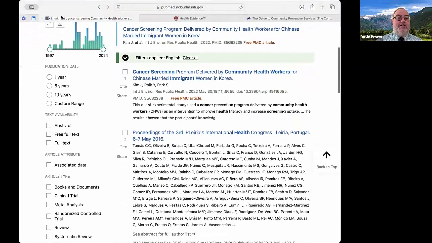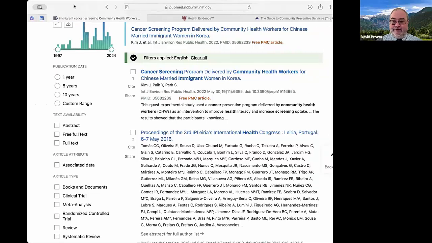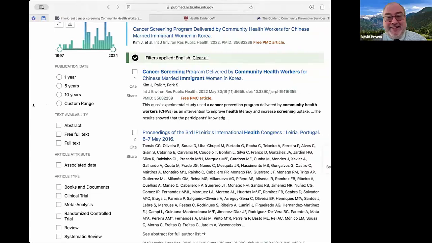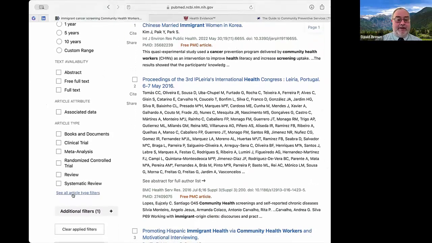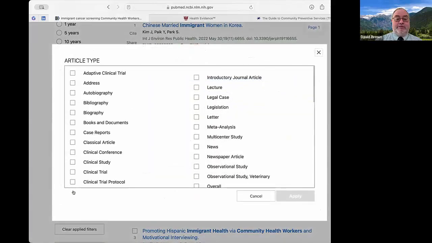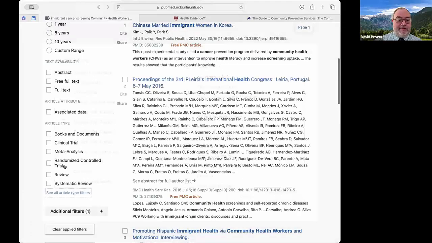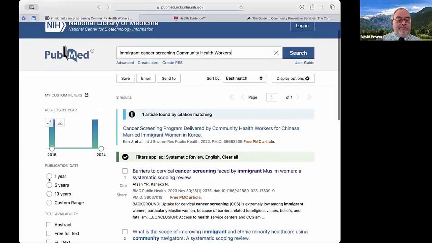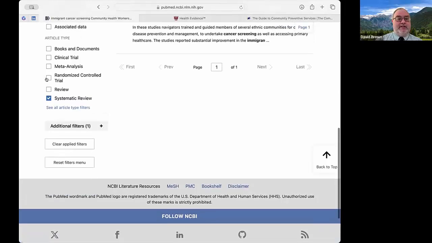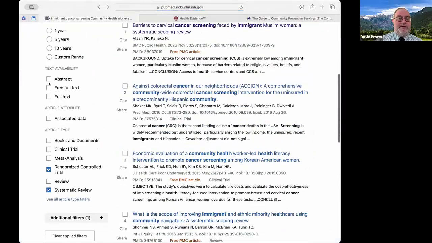Now, again, a lot of times we're going to want to make sure that we have the appropriate thing. So in this case, since we're looking at the highest levels that we're wanting to use, we probably will want a systematic review, a randomized clinical controlled trial, and a meta-analysis.